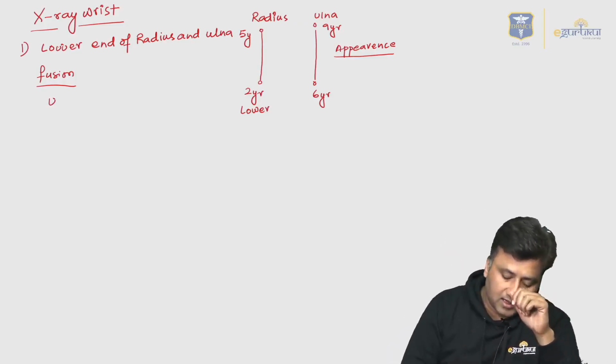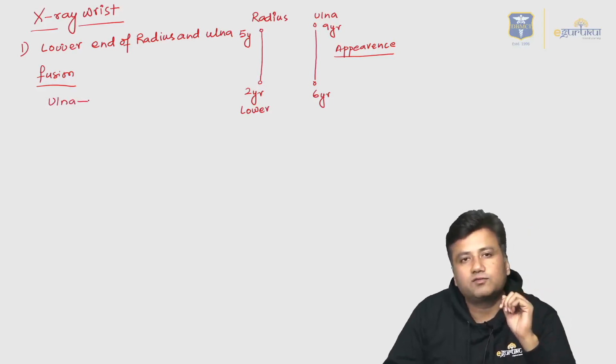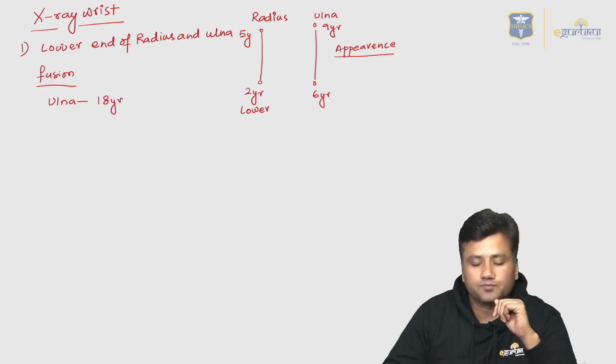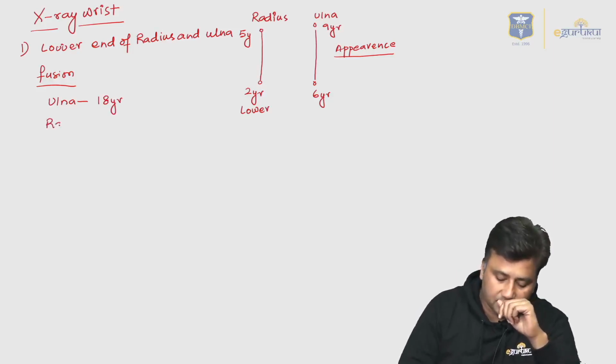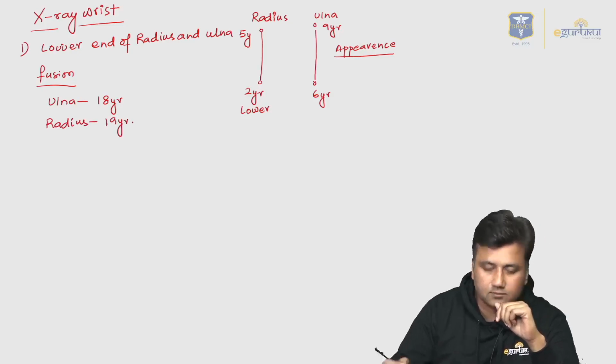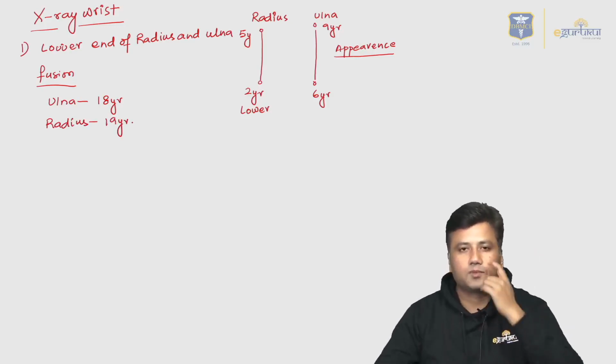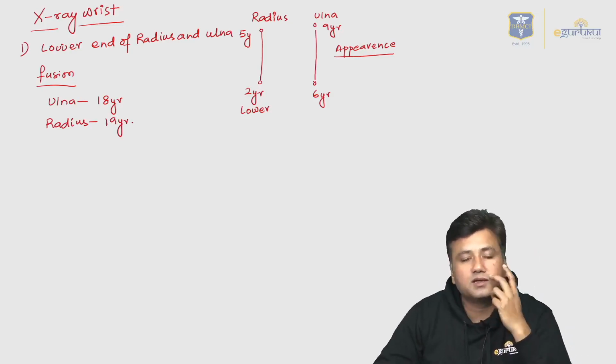For ulna, the shaft fuses with its styloid, that is the lower end of ulna, at the age of 18 years, and radius slightly later than that, around 19 years. So that is the first thing to be seen in an X-ray of the wrist joint.